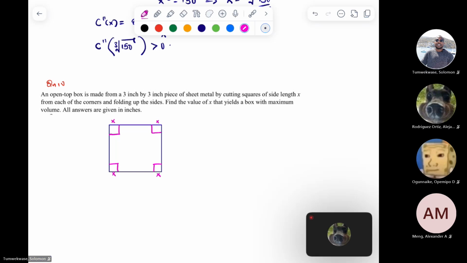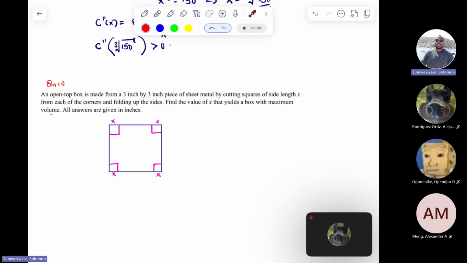Now you see that for each side, since these are squares, of course this side is also x, this is also x, this is also x, this is also x.